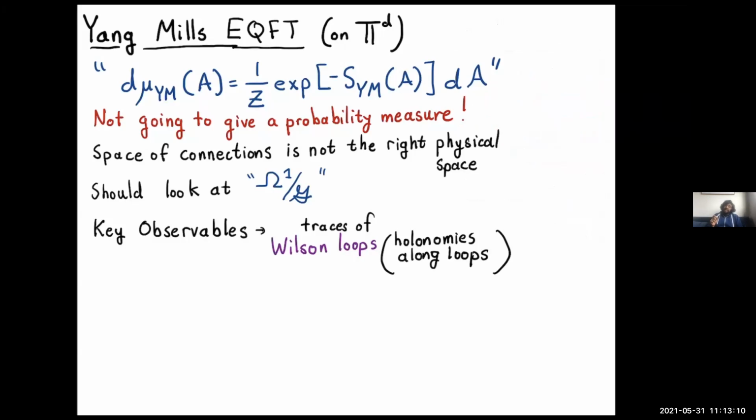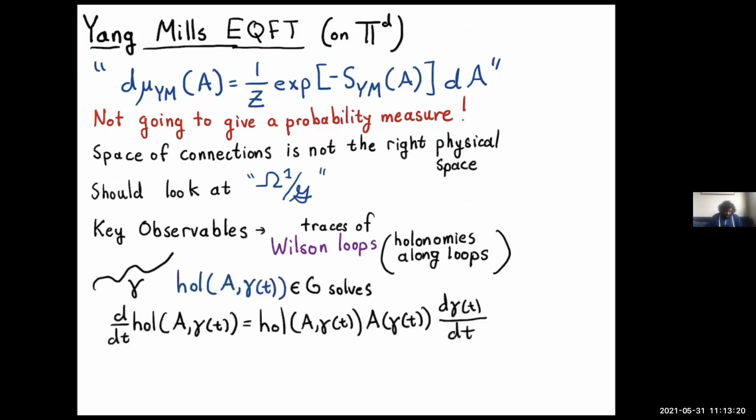Well, the idea is that this gauge field, if you think of it as a connection, is something that's telling you how to do parallel transport. Given a loop that I imagine is parameterized from t equals 0 to 1, the holonomy of my connection along that loop is given as the solution to a certain differential equation.